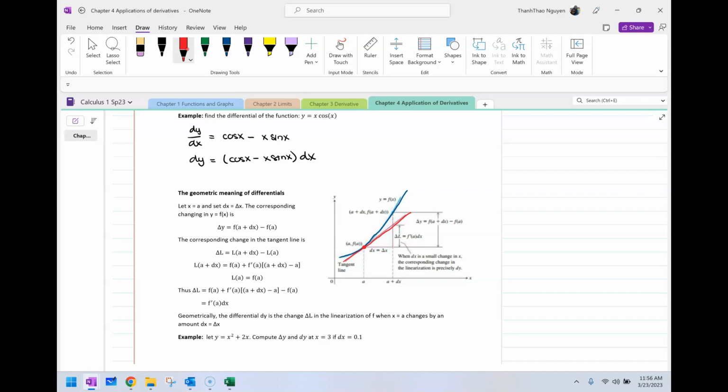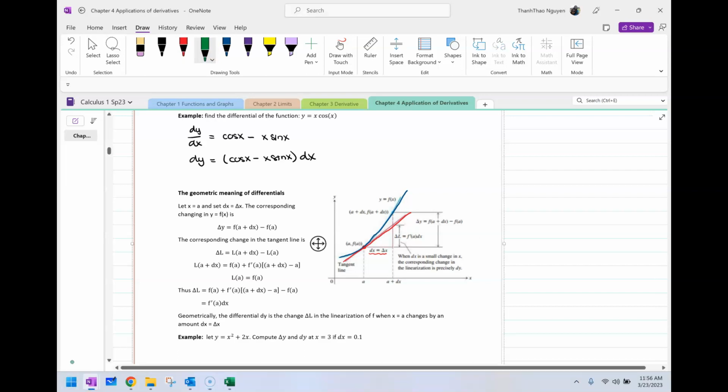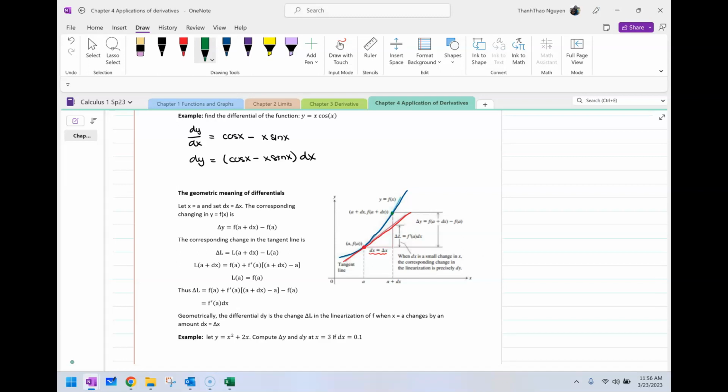So when we do the linear approximation, dx, the difference from a to the next point, equals delta x. Then the value of the function at a plus dx is f of a plus dx, right?